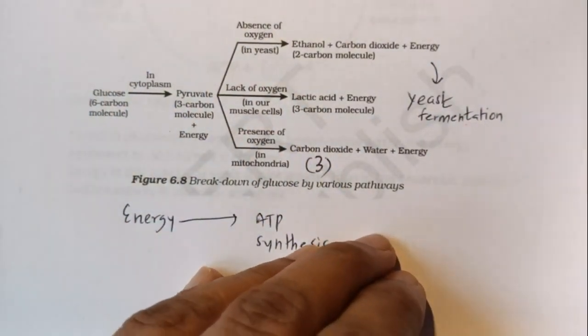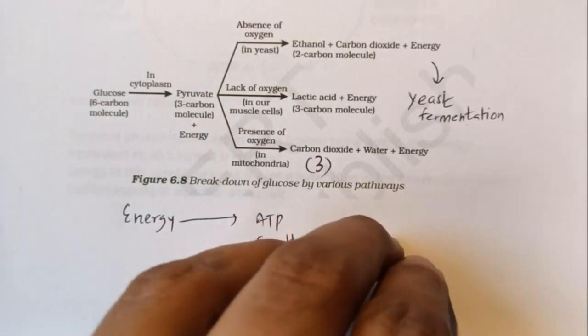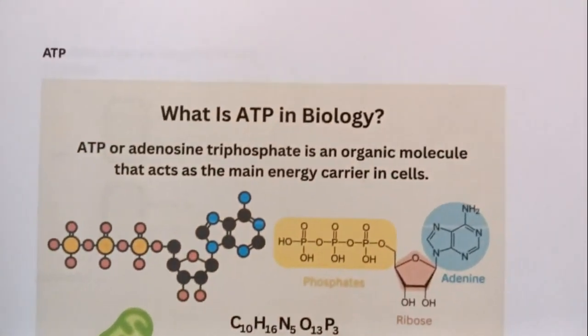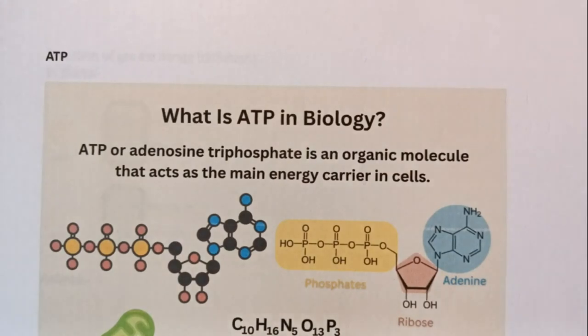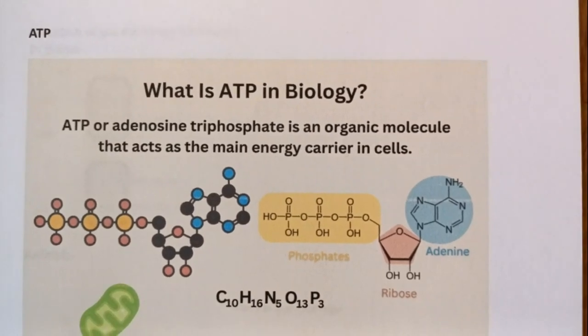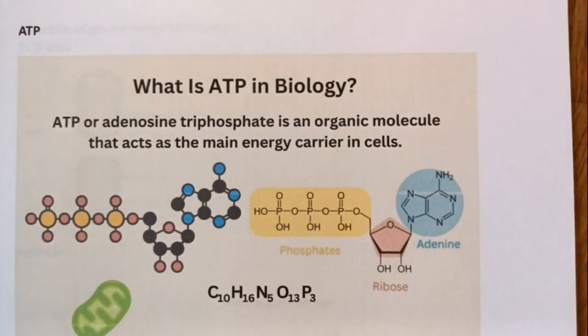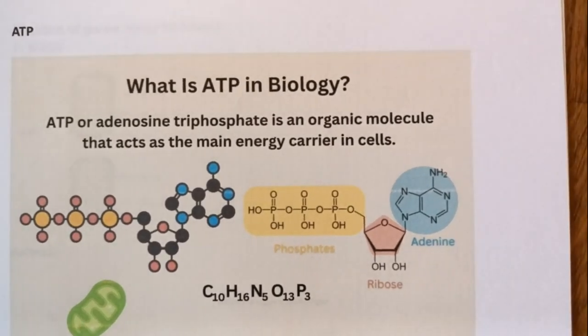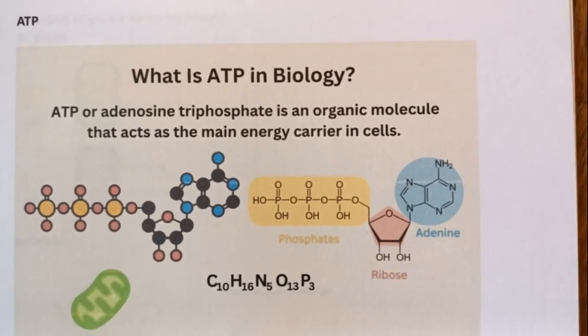So these ATP molecules are also called the energy currency of the body. Okay, so ATP is adenosine triphosphate. Okay, remember this. And it is an organic molecule that is generated inside the living being. It acts as the main energy carrier inside the cell.